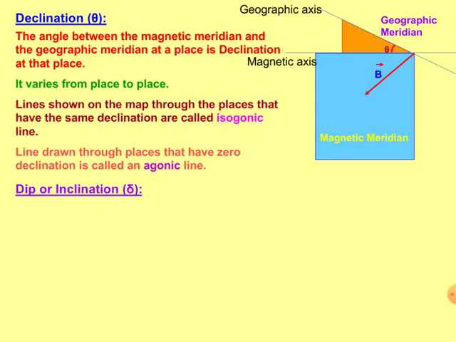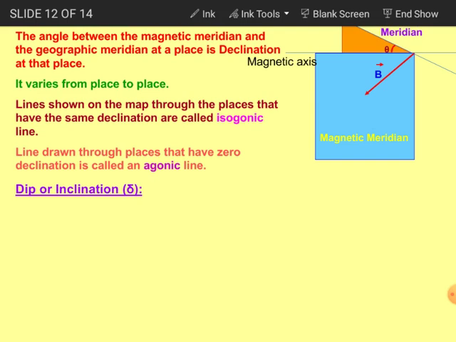Suppose your compass needle is placed somewhere here like this, with its plane parallel to the magnetic meridian. Then the north pole will be on this side and the south pole will be on this side.